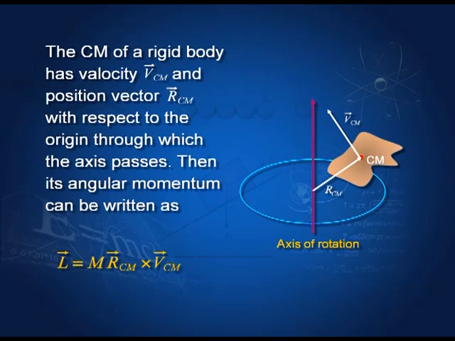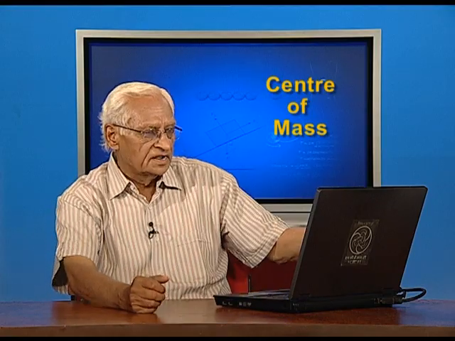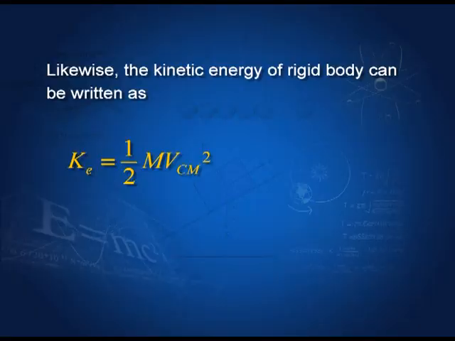More of it in the next lecture. We shall talk about angular momentum. Likewise, the kinetic energy of a rigid body can be written as half m v_cm squared. You note the velocity of the center of mass, and then the kinetic energy is simply half m v_cm squared.